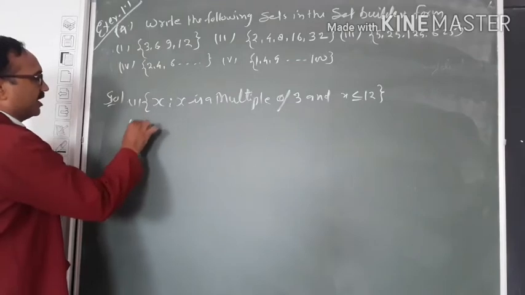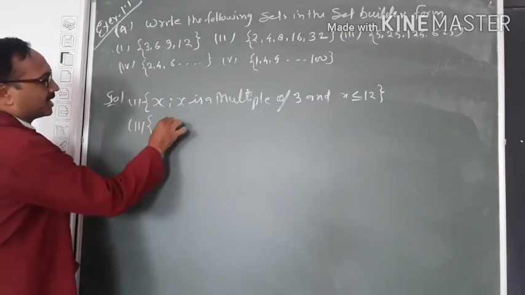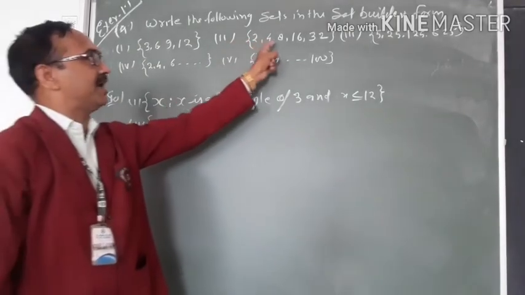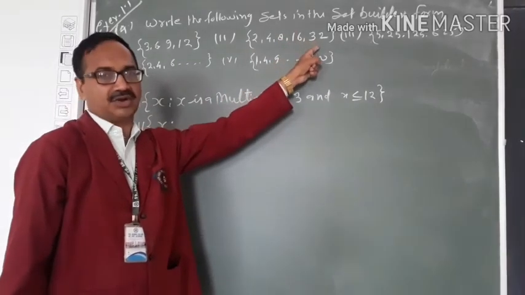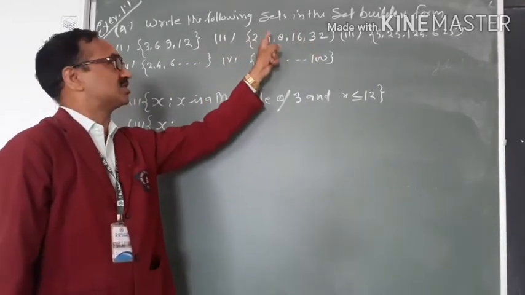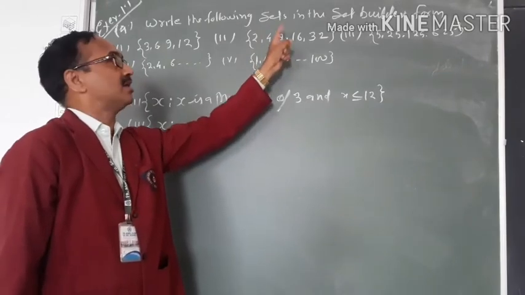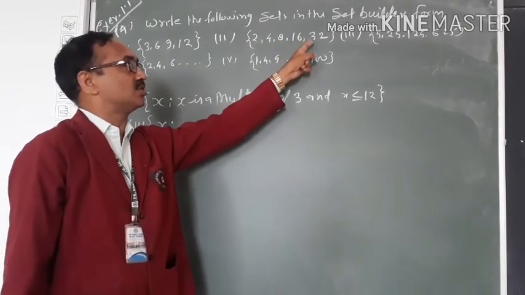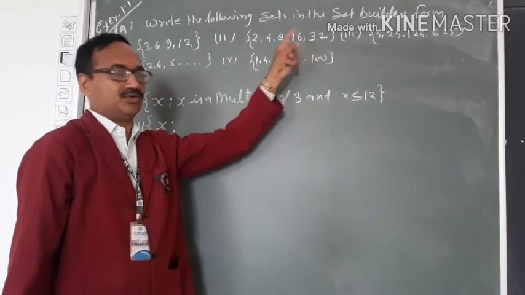Now, in the second part, what are they? 2, 4, 8, 16, 32. So 2 raised to power 1 is 2, 2 raised to power 2 is 4, 2 raised to power 3 is 8, 2 raised to power 4 is 16, 2 raised to power 5 is 32. Okay?